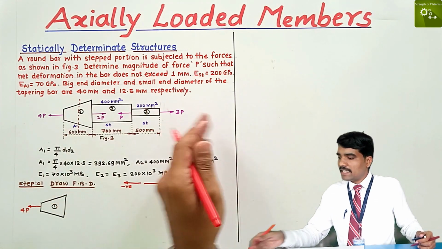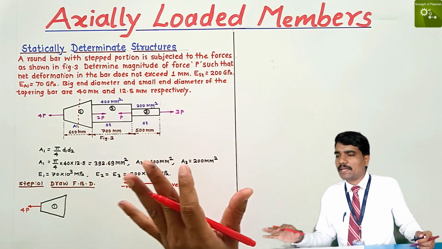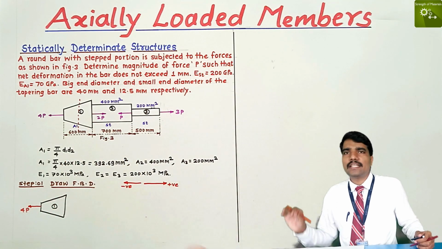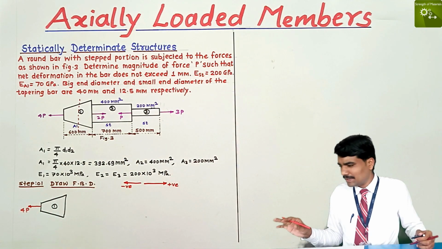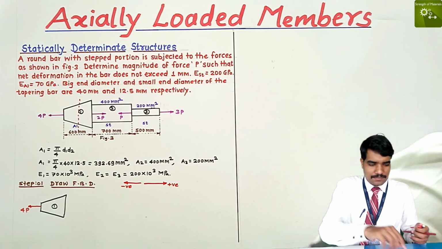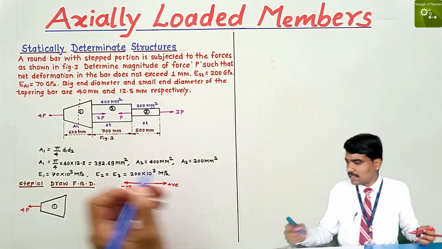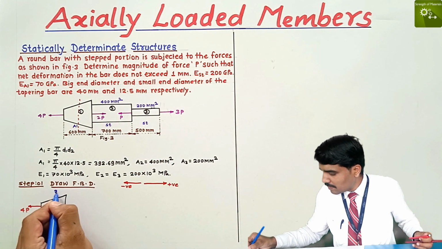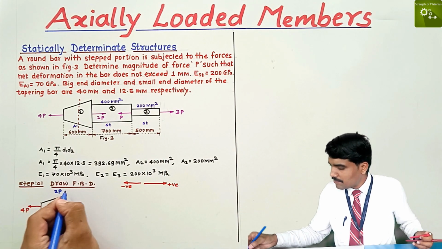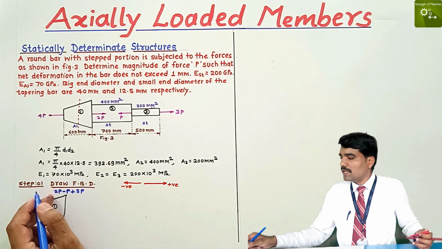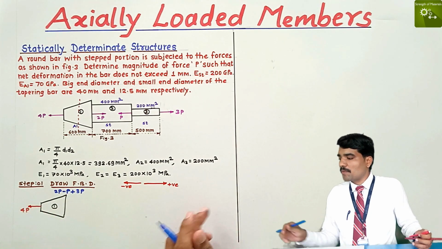Okay, then see right side of forces only for check purpose. If that force is equal and opposite to the left side of force, then our calculation is true. Simple. Okay, let's see the right side of forces. See here, there are two forces. There is 2P. 2P goes towards right side. It is plus 2P. This is minus P plus 3P. 3P plus 2P is 5P, 5P minus P, 4P.